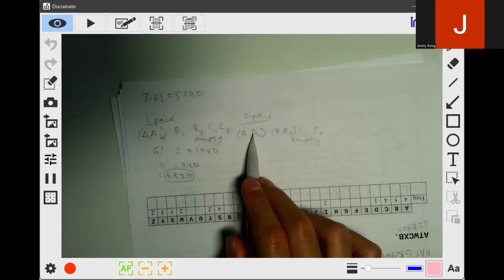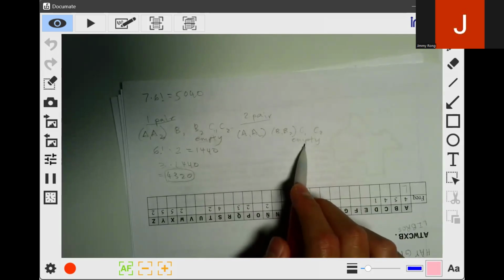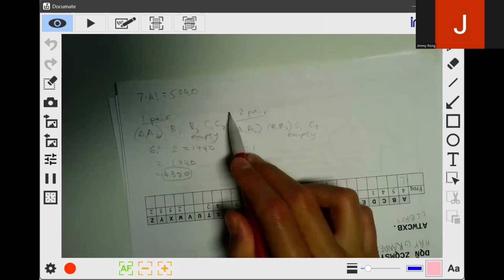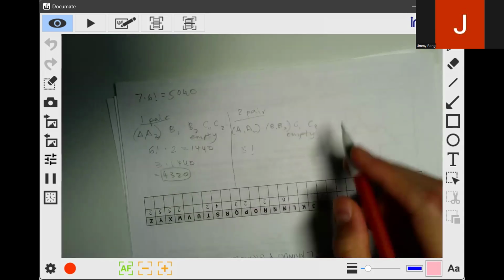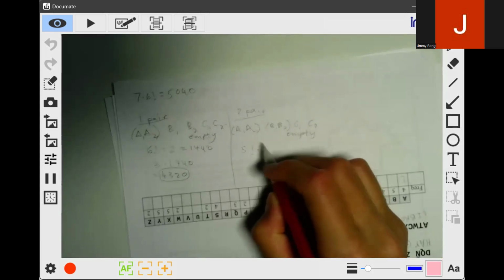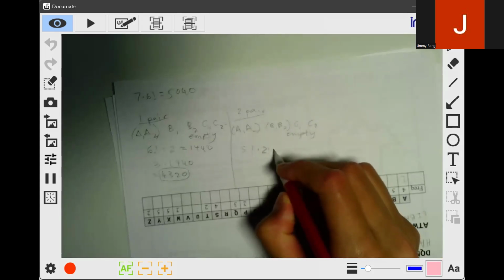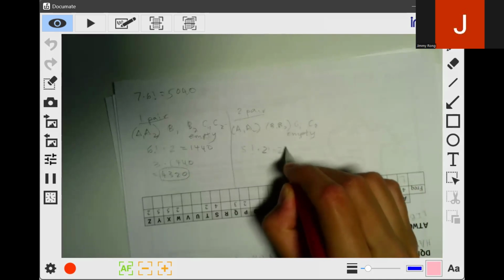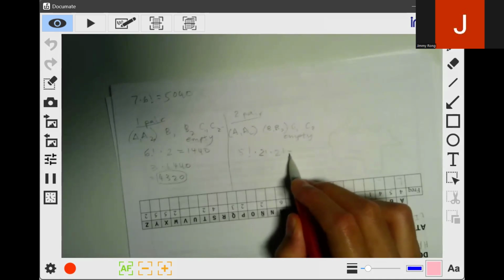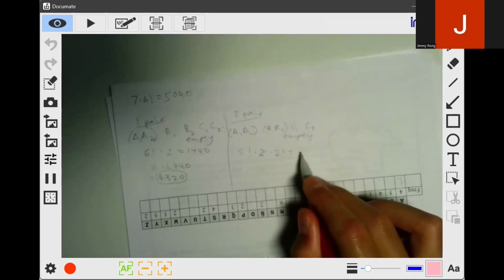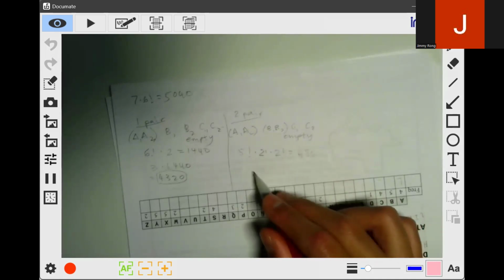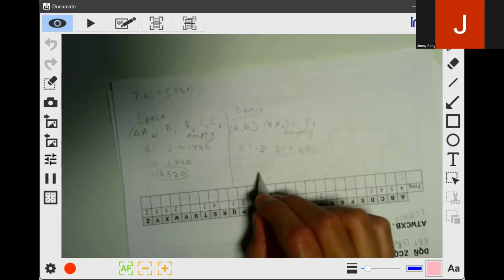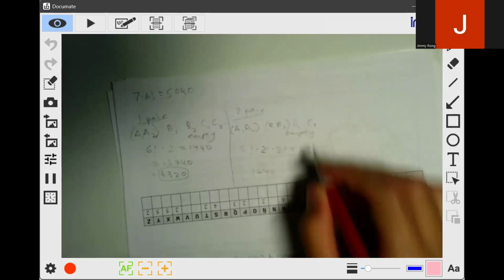So this is 1, 2, 3, 4, 5 entities, so 5 factorial. Then you have 2 ways to arrange A1, A2, and 2 ways to arrange B1, B2. And this gives 480, and then times 3, so 1440.